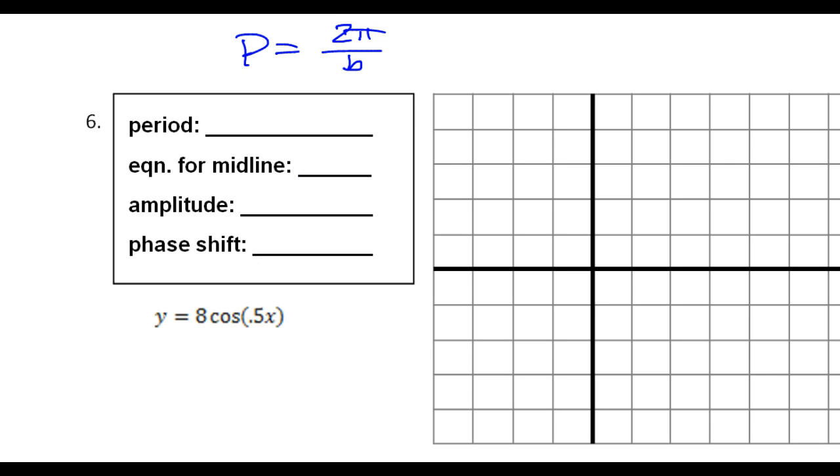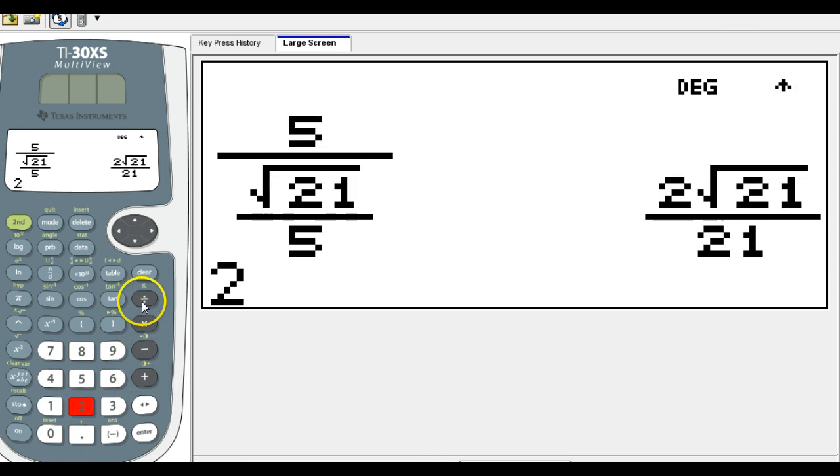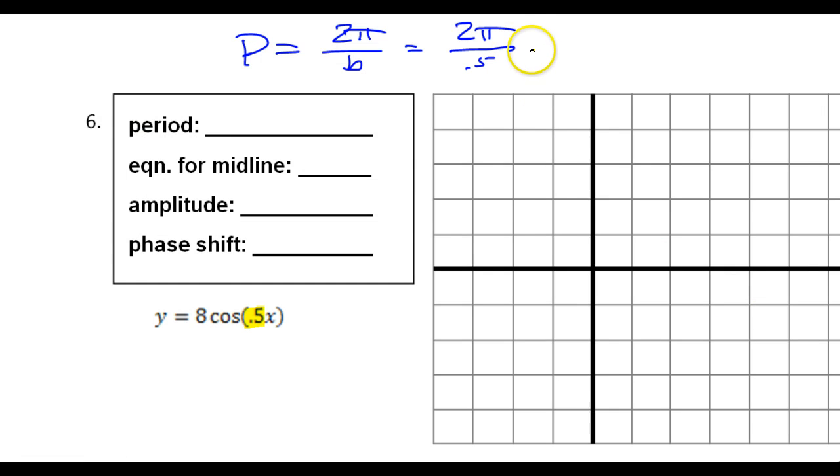In this case, the b value is 0.5 or 1/2. So the period is going to be 2 pi over 0.5. Well, 2 divided by 0.5 is 4. So the period is going to be 4 pi.